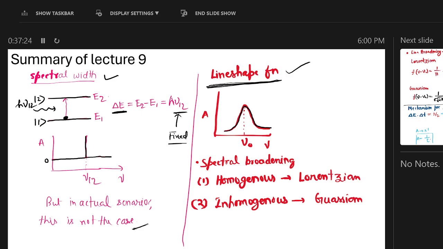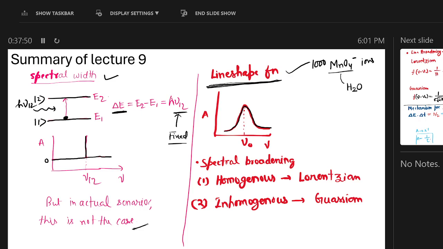Let's say you have a solution of KMnO4, and you are getting a spectrum. Say MnO4 is interacting with water molecules. Let's say you have 1000 MnO4 ions in water.